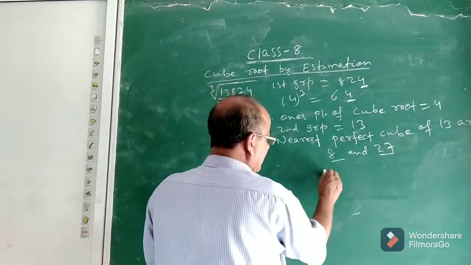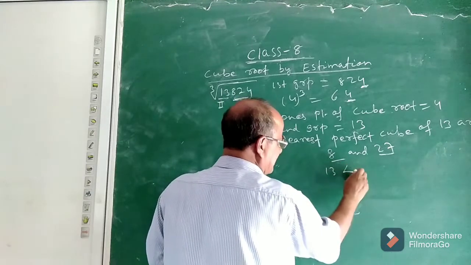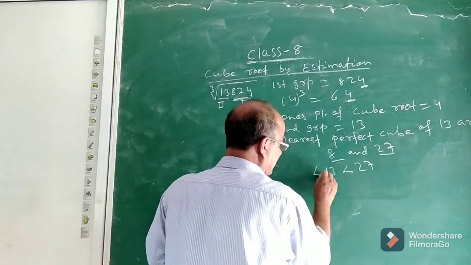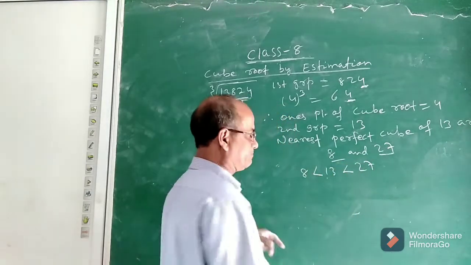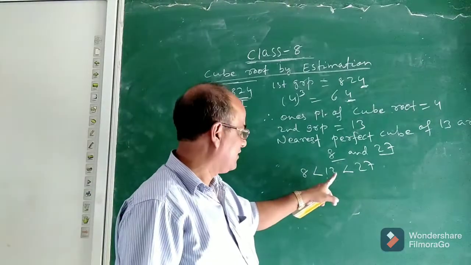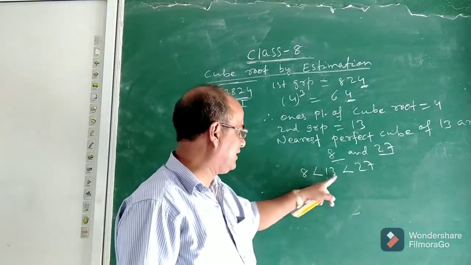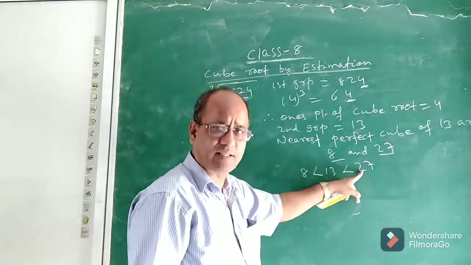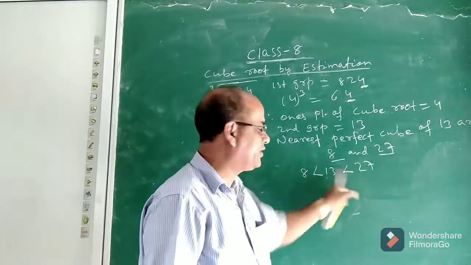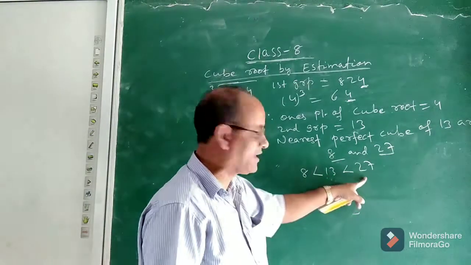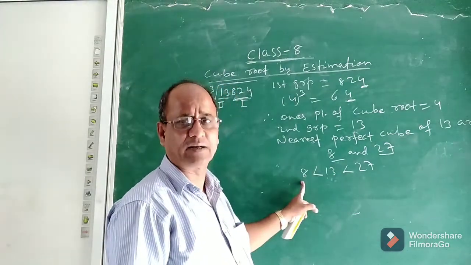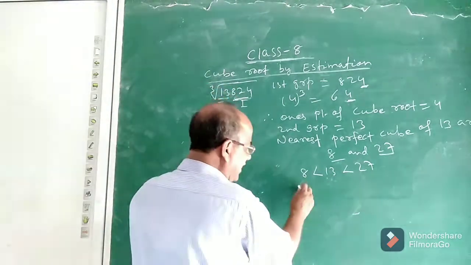So clearly 13 is less than 27 and greater than 8. That means the nearest perfect cubes of 13 are 8 and 27, such that 13 lies between 8 and 27. Now see, this 8 we can write.